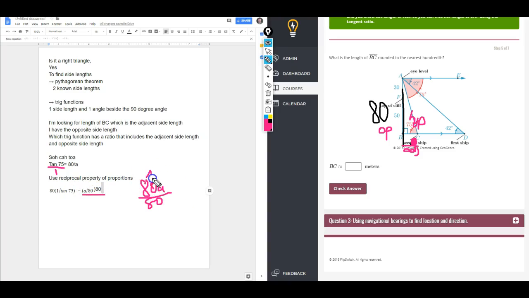So 80 divided by 80 reduces down to 1, just so that you could see that better. So we would have 80 times 1 divided by the tangent of 75 degrees is going to equal A.